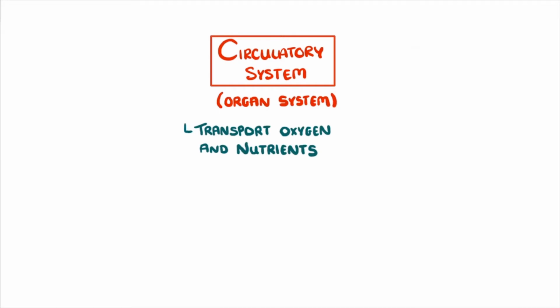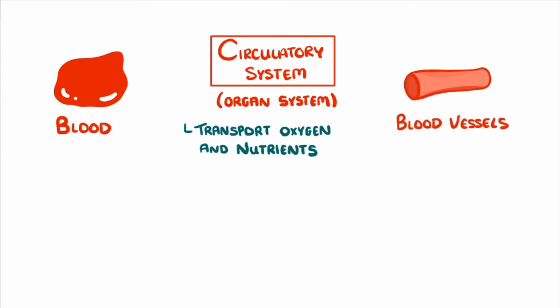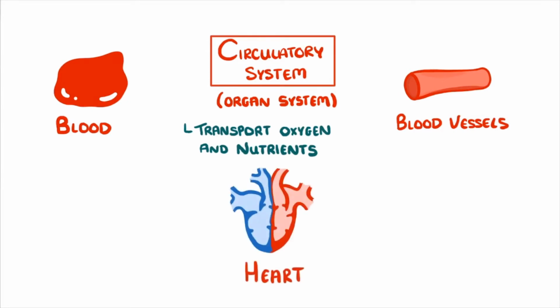This organ system relies on 3 main things: the blood, which carries the all-important oxygen and nutrients, the blood vessels, which hold that blood, and the heart, which pumps the blood to keep it moving through the vessels. In this video, we'll take a closer look at the structure and the function of the heart.